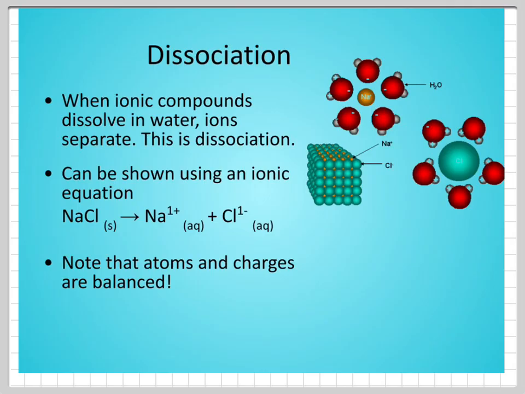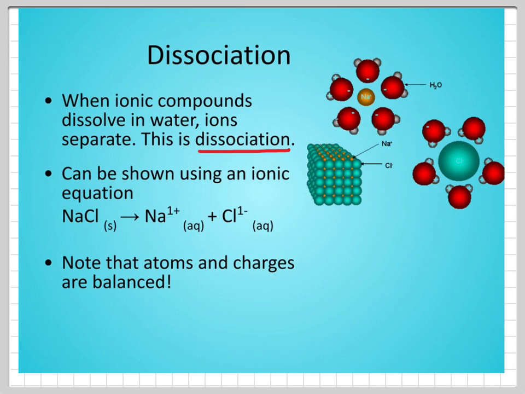So first you need a vocabulary word, and that vocabulary word is dissociation. When ionic compounds dissolve in water, and we've seen this repeatedly with models of the behavior of ionic compounds in water, the ions actually separate. That is what we call dissociation.